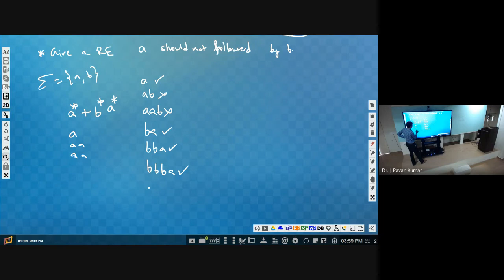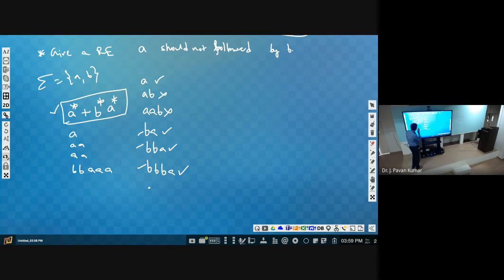Next, any number of times B can come, then followed by A. Any number of A's, but after A we will not have B. So all these are covered. A star plus B star, A star, very good.